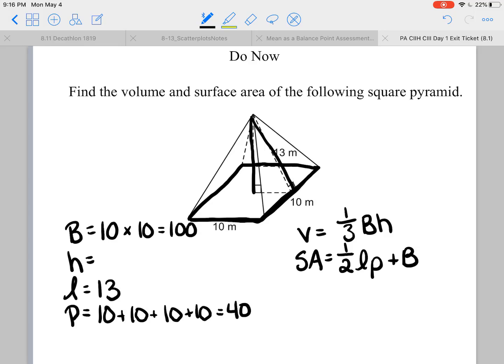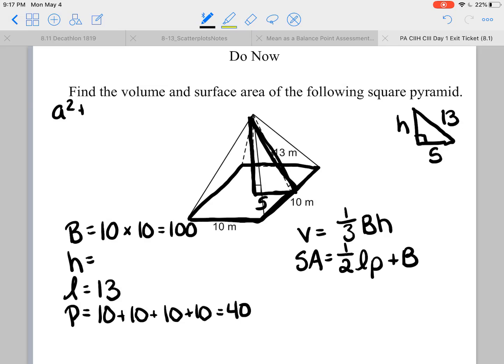Now the height is missing, but if you look very carefully, the height, the slant height, and half of a side form a right triangle. Now, this part of the right triangle does not go the entire way across, it only goes halfway, so it has a distance of 5. Now, we learned how to use the Pythagorean theorem to find the missing side of a right triangle, so we're going to do that here.